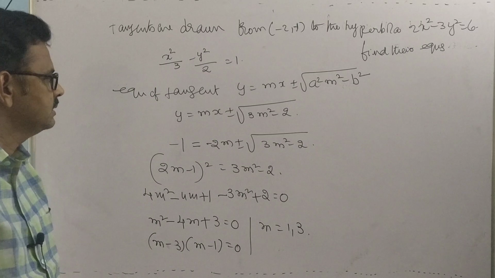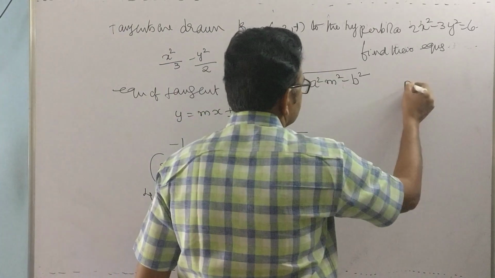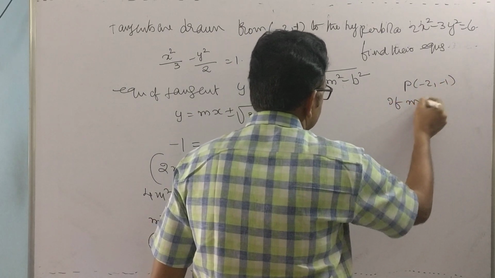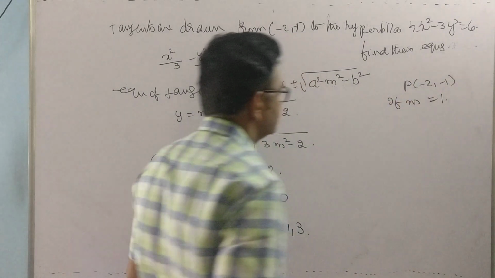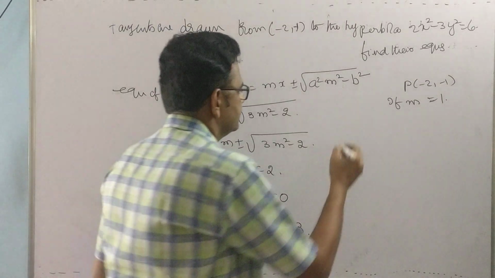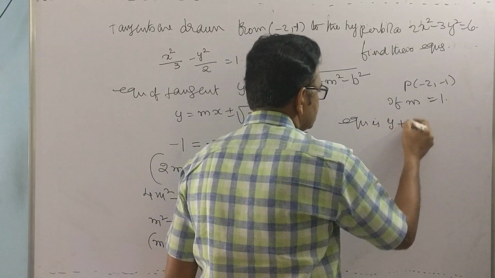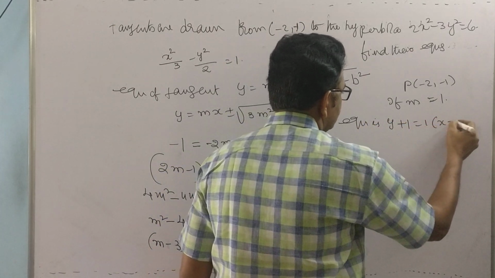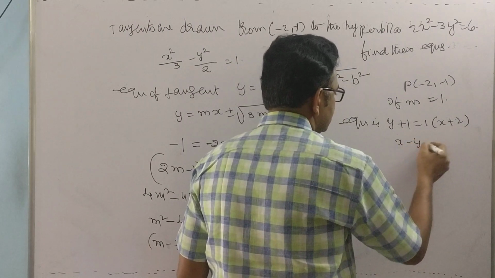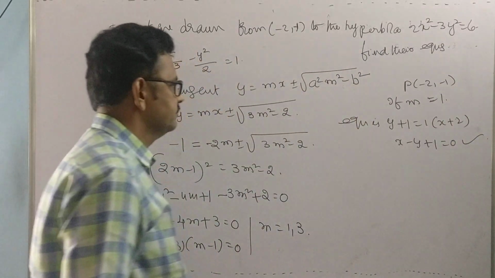They are the equations. The point is (-2, -1). If m is equal to 1, then you get one equation. The equation of tangent is y - y1 = m(x - x1). So x - y + 1 = 0. This is one equation.